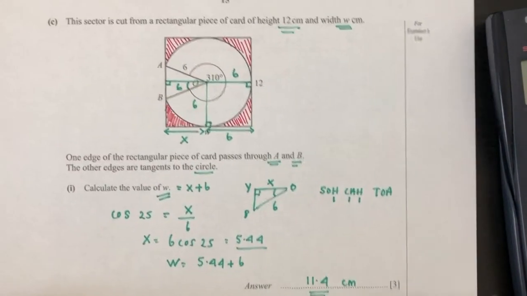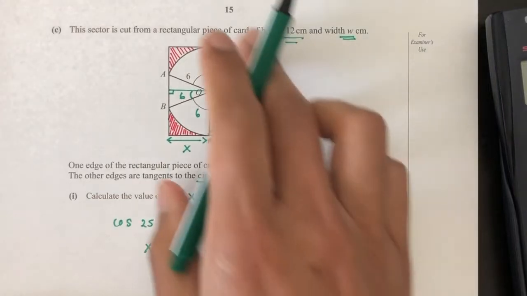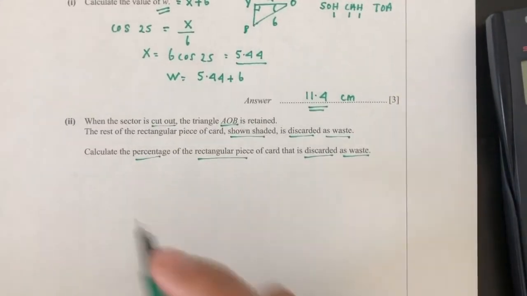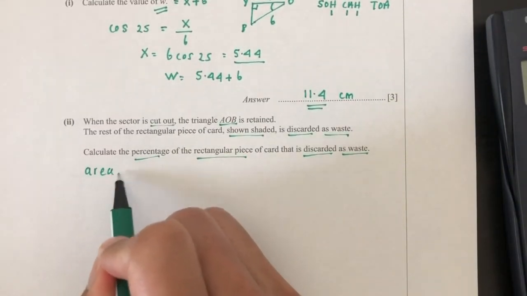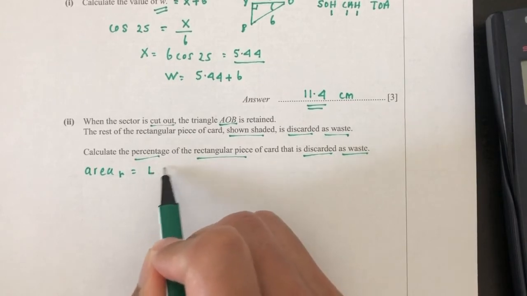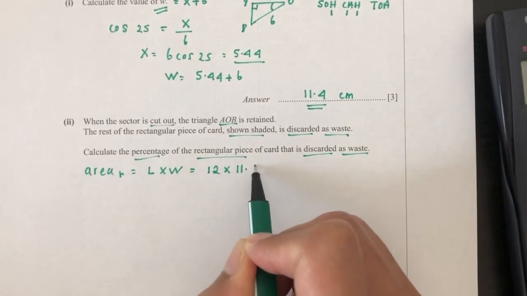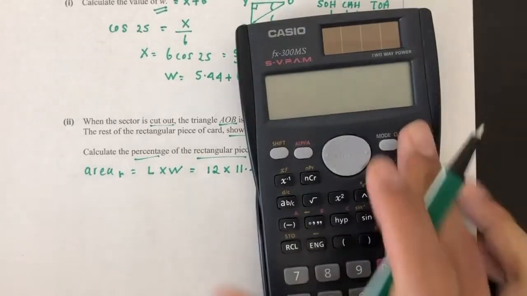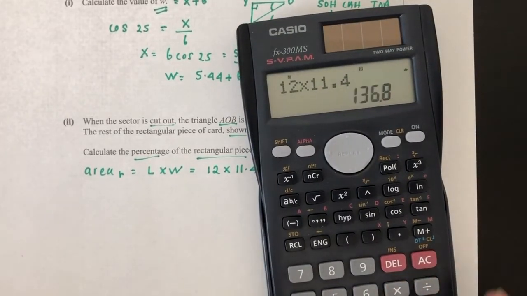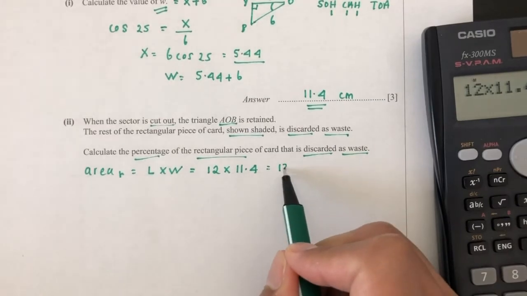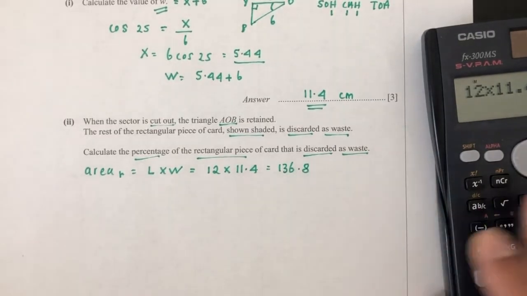So first we can find the area of the full rectangle. Area of rectangle will be length times width. So length is 12 times width 11.4. So 12 times 11.4 should be 136.8. That's the total area.